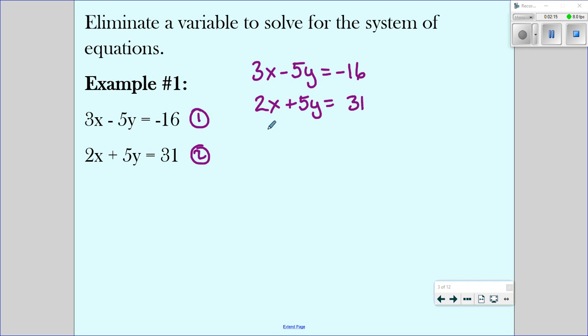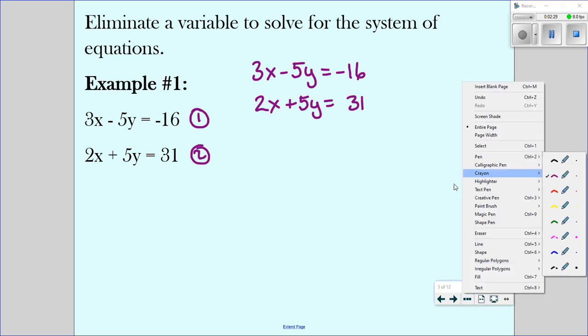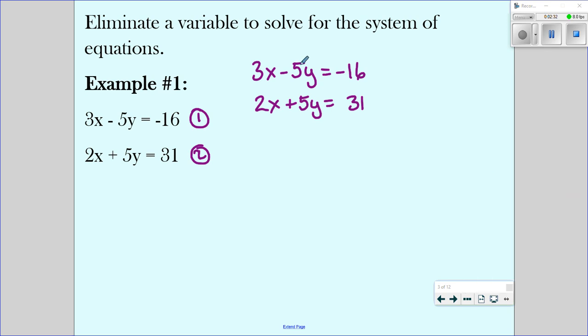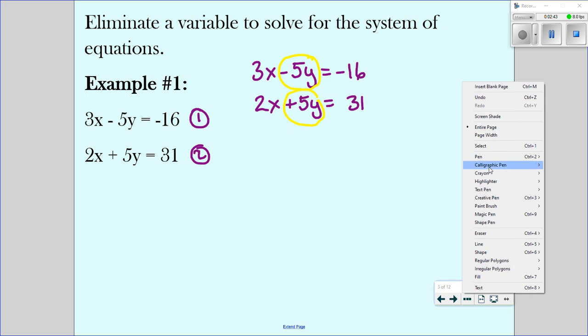All right, so in order to eliminate one of the variables, we have to find one where it has the same terms, but they're opposite. So I'm going to eliminate the negative 5y and the positive 5y, because if you were to add those two, then it becomes 0.